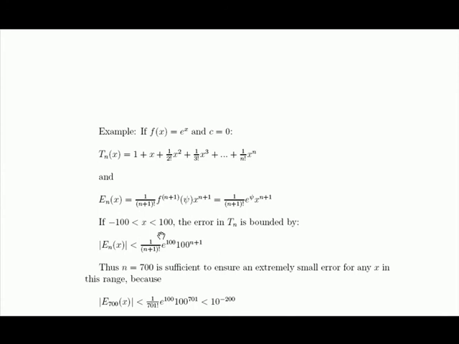Now, let's try to figure out how many terms we need in the Taylor polynomial to be sure of getting a very accurate approximation to e to the x in the range minus 100 to 100.